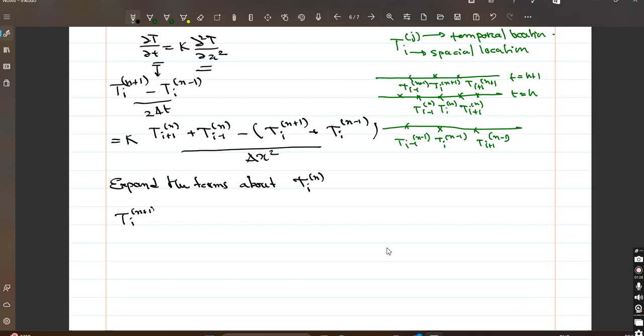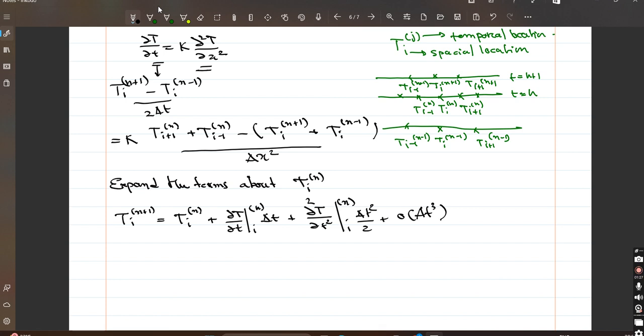So what will T_i^{n+1} look like? It will be T_i at n plus ∂T/∂t at i, at time n, times delta t, plus ∂²T/∂t² at i, n, delta t square by 2, plus order of delta t cube, right?